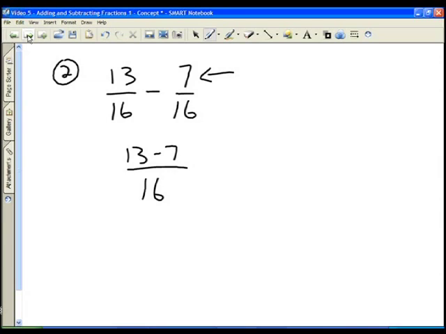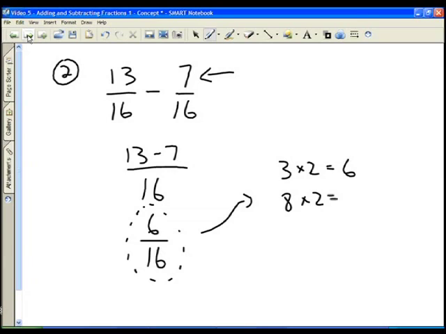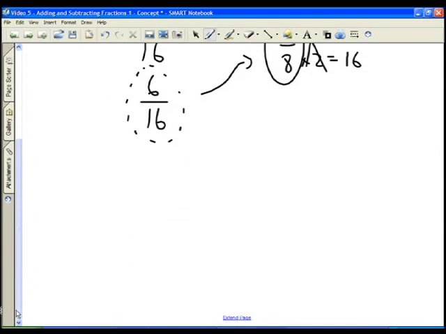And 13 minus 7 is 6, and so we get 6/16. And again, I don't want you to always think that it's by 2, but 6/16 can be reduced because 6 is 3 times 2, and 16 is 8 times 2. And so 6/16 can also be expressed as 3/8.